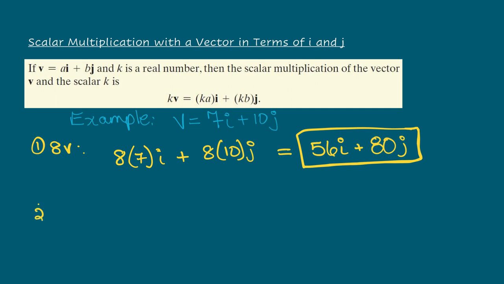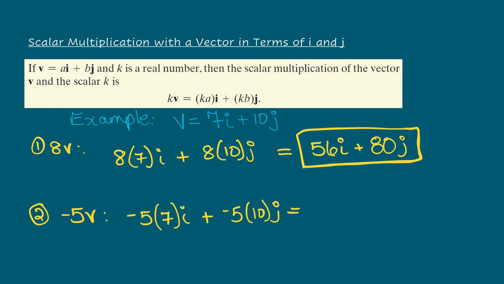So next, let's take a look at times negative 5. Let's multiply our vector times negative 5. If I multiply my vector times negative 5, I'm going to do the same thing. I'm going to say negative 5 times 7 plus negative 5 times 10.